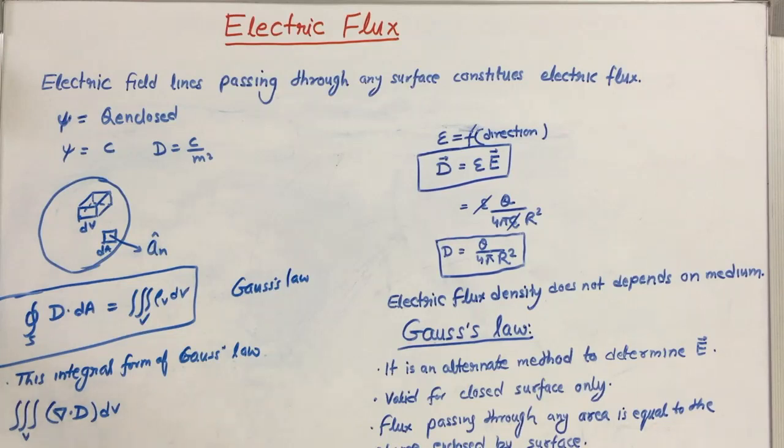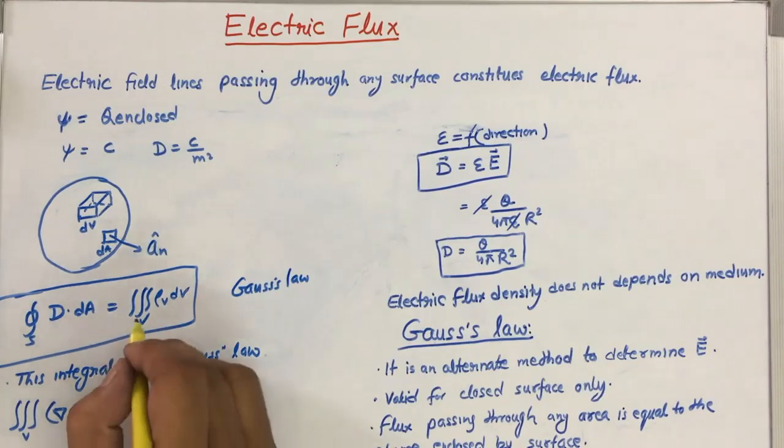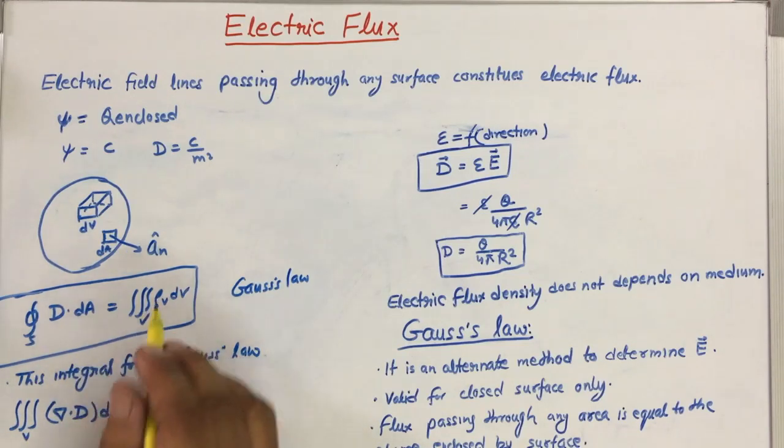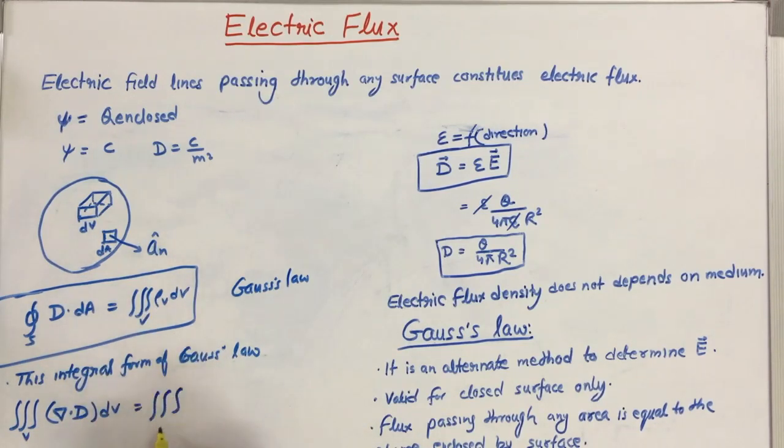Surface can be transformed into volume form according to the divergence theorem, and the right side will remain like that, rho v dv. This is according to the divergence theorem, and if we relate these two, then we find divergence of D is equal to rho v.